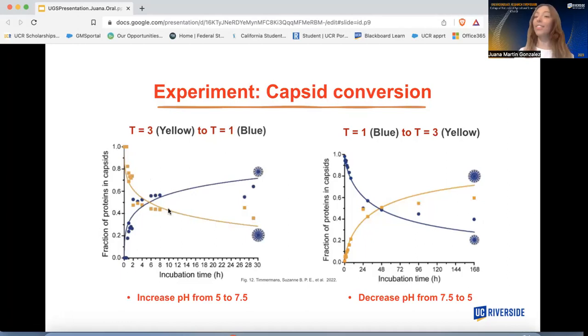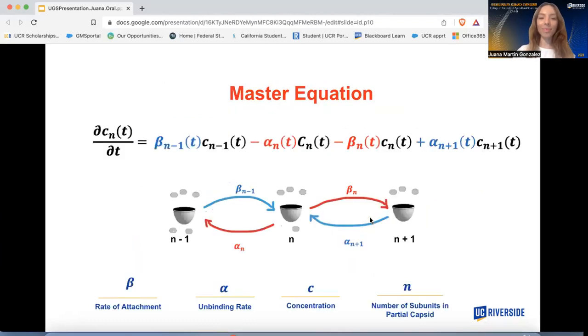This verified that classical nucleation theory did an amazing job predicting both the assembly and disassembly for both the T=3 and T=1. And very similarly, when we lowered the pH from 7.5 to 5, we see how a T=1 in blue starts to disassemble, and in yellow, it starts to assemble the T=3.